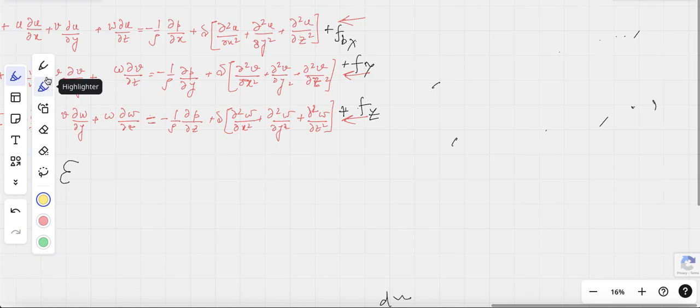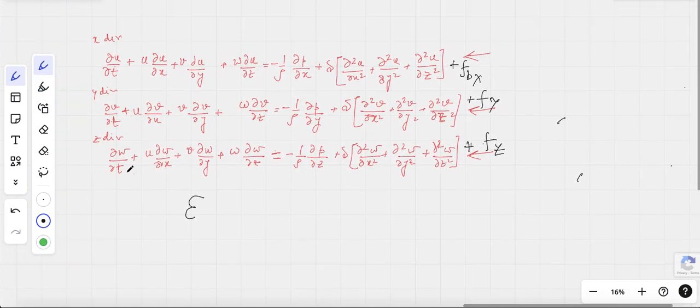Now, what we can do is derive this for a general Couette flow.